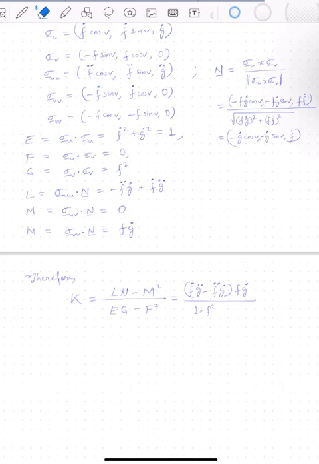So this eventually comes out to be, so all we have is f dot g double dot minus f double dot g dot into f g dot divided by f squared.